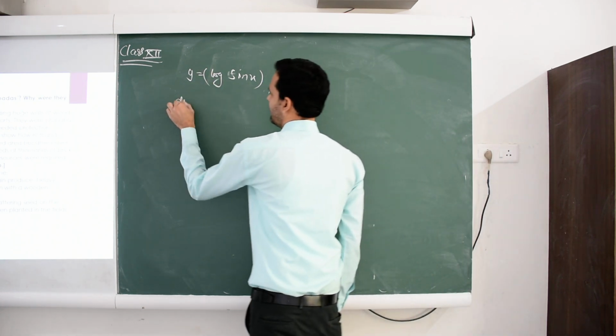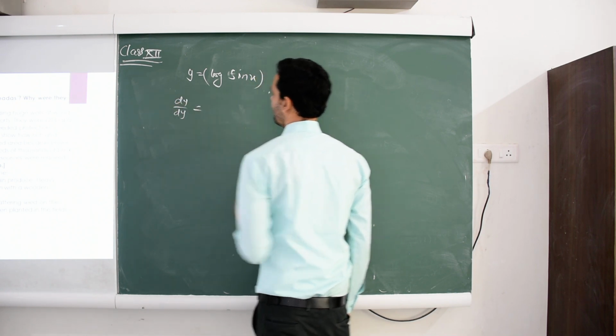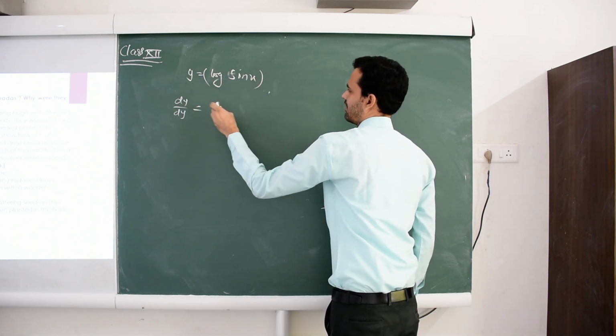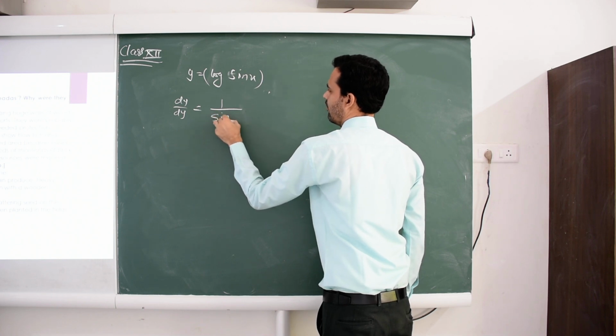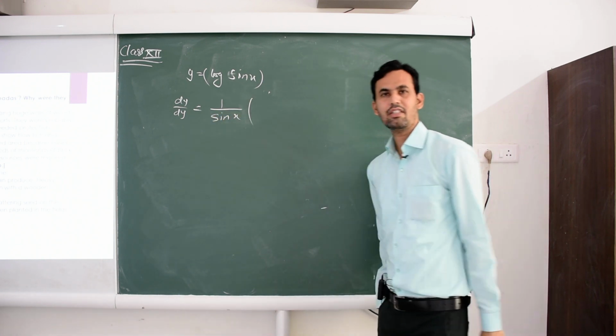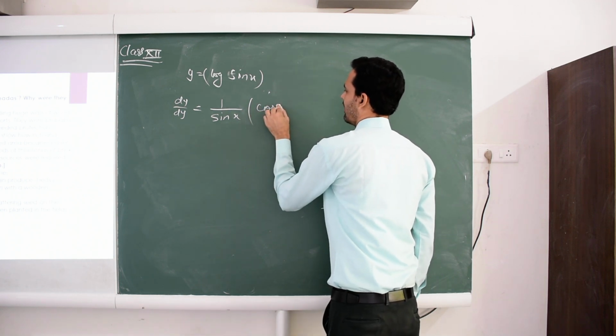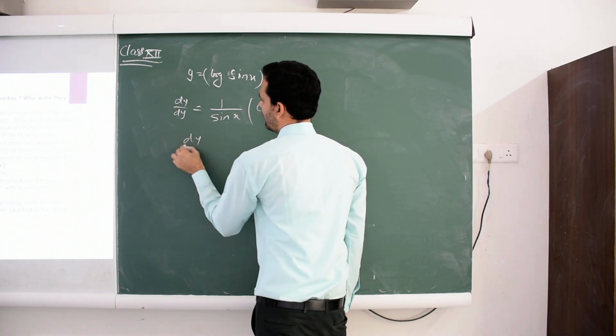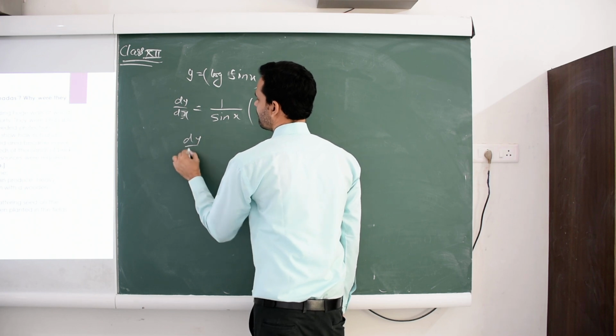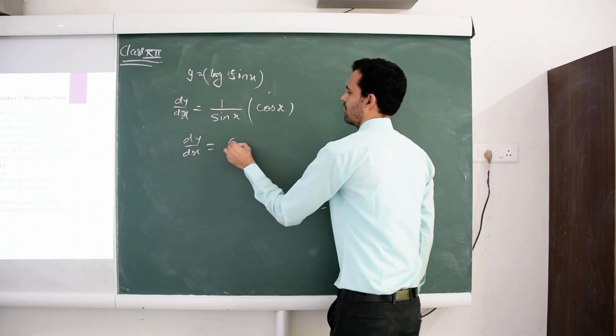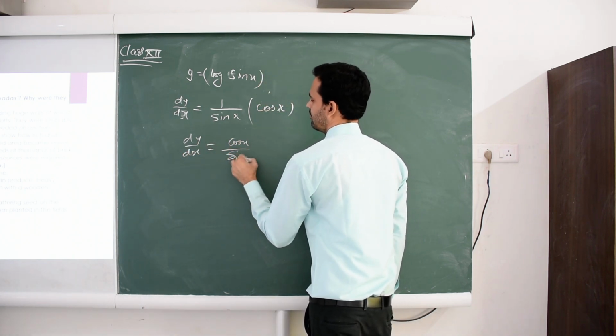If we differentiate it, dy by dx, then the differentiation of log x is 1 upon x. So the differentiation of log sin x is 1 upon sin x, and the differentiation of sin x is cos x. So the value of dy by dx is cos x upon sin x.